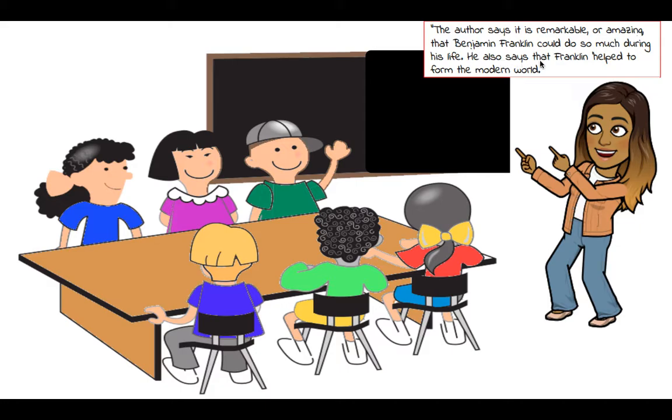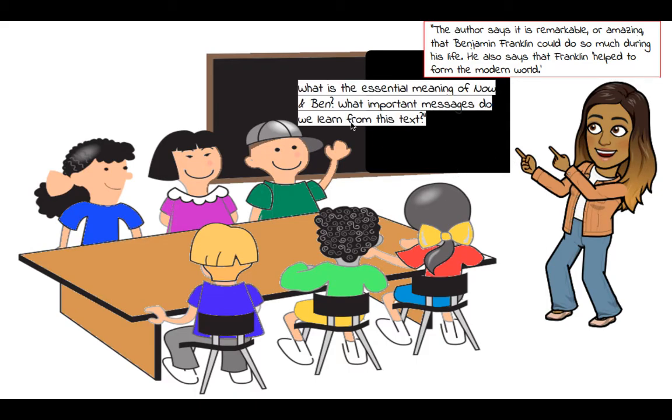He also says that Franklin helped to form the modern world, okay? So Miss G is going to write on the board, which is the point of our lesson today. What is the essential meaning of now and then? What important messages do we learn from this text?